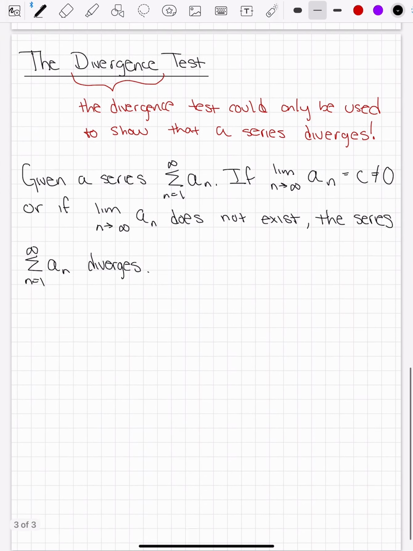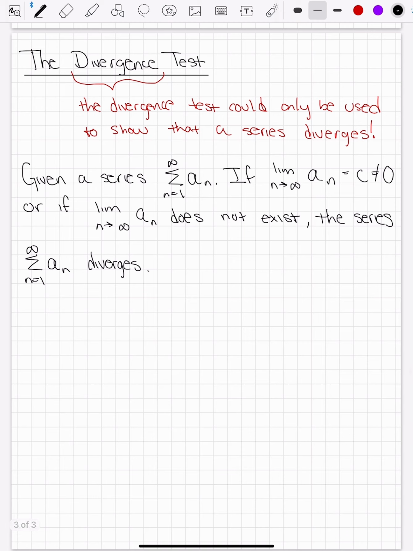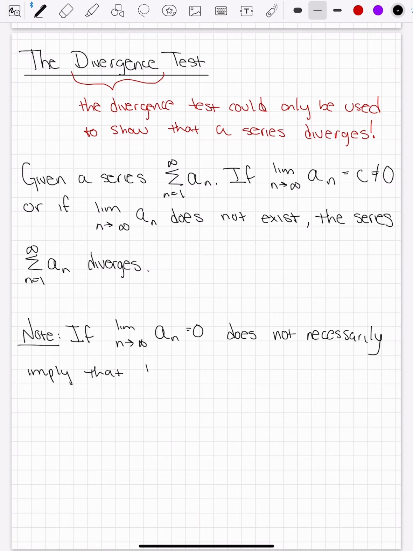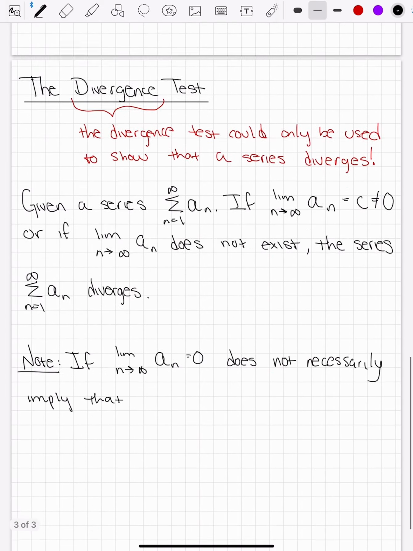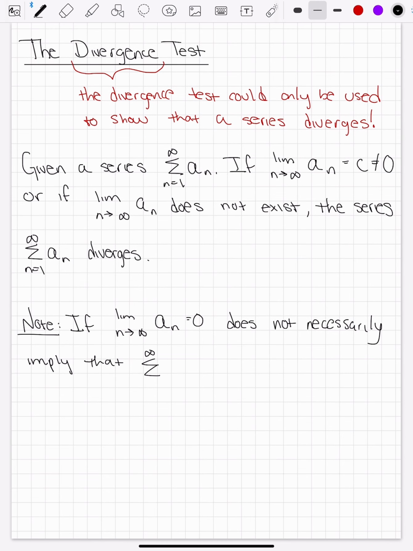And so the important thing to note is that if the limit as n approaches infinity of an is 0, that does not necessarily imply that the series, the sum from 1 to infinity of an, converges.